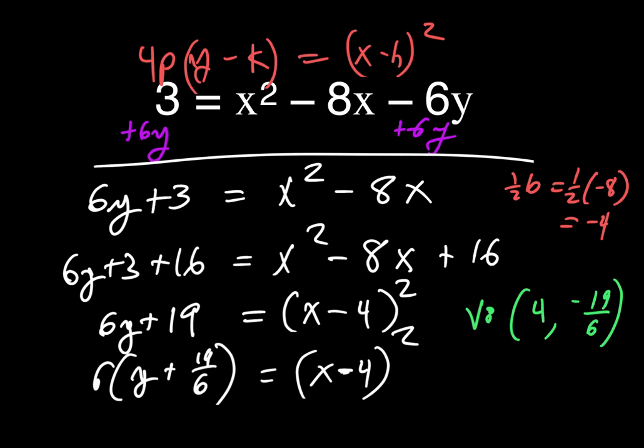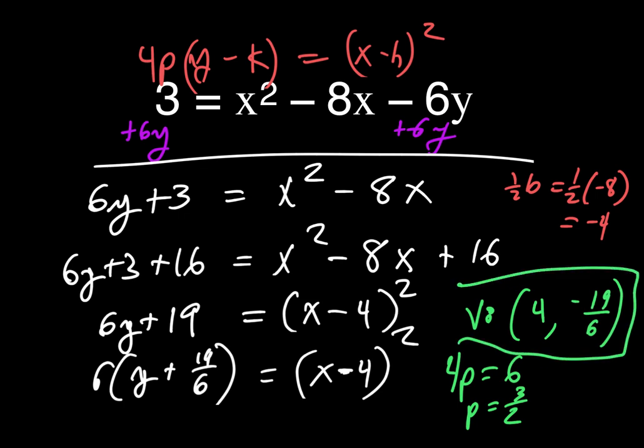And although we're not going to do much with it, 4p equals 6, which means p is 3/2. So then I could find the focus, I could find the line of directrix. The biggest thing we need to do is find out what my vertex is.